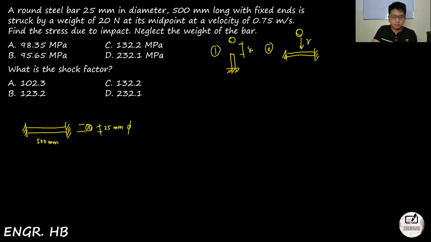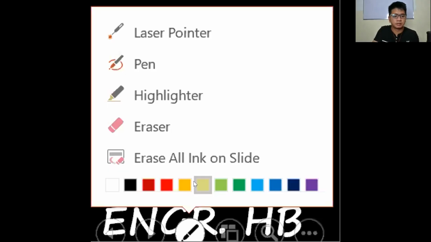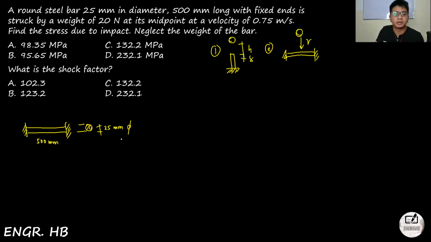Sorry for the confusion, this is a H. So kung bumagsak, magkakaroon ng certain deflection at yun yung deflection na symbol. So 500 mm long, 25 mm diameter, struck by a weight of 20 newtons.